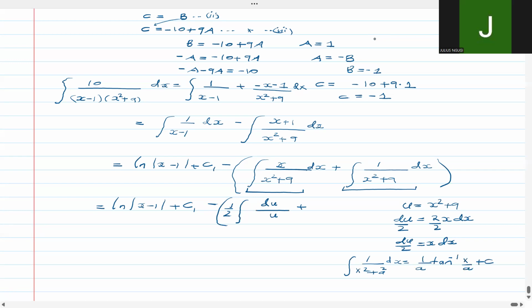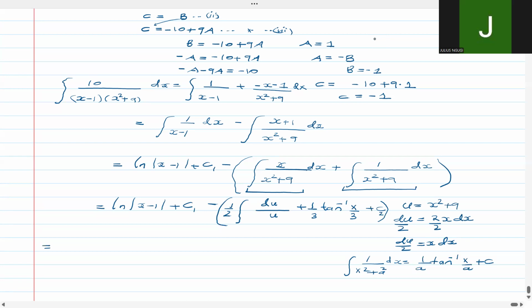So for that one, I'll go ahead and write, 9 is 3 squared, so a is 3. So 1 over 3 arctan, or tan inverse, of x divided by 3, and then plus a constant c. So what is left now? Another constant, constant c2, because I have a c1.